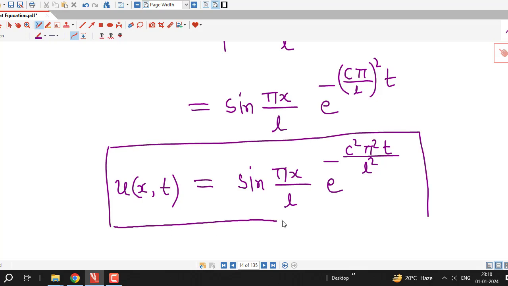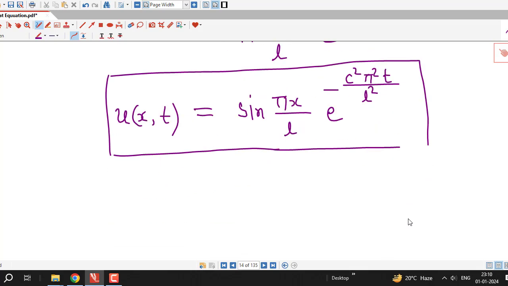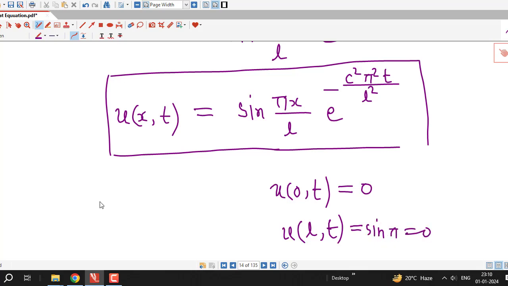Suppose I take x equal to 0, then you can see u(0,t) will be equal to sine 0, so that will become 0. If I take x equal to small l, the l will get cancelled and I will have sine pi, which is 0.